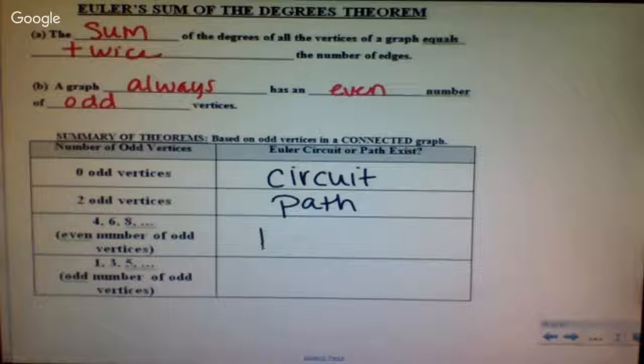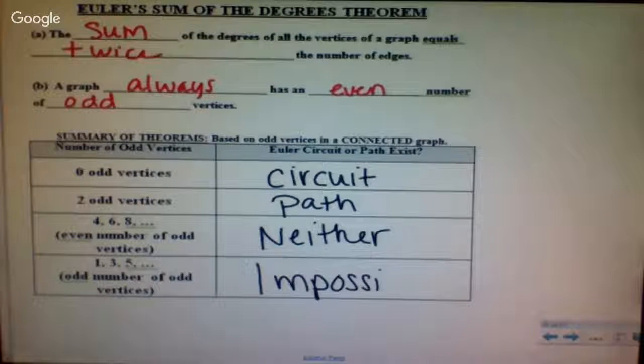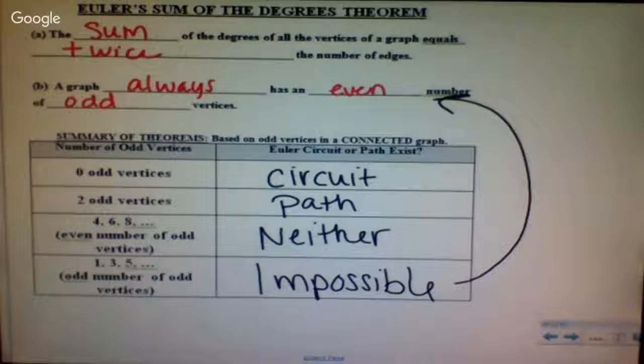Neither. And your last one, if I have 1 odd or 3 odd or 5 odd, you should never ever see a graph like this. This is impossible. You cannot do it. That's what this theorem just said. A graph always has to have an even number of odd vertices, so to have an odd number of them is impossible.